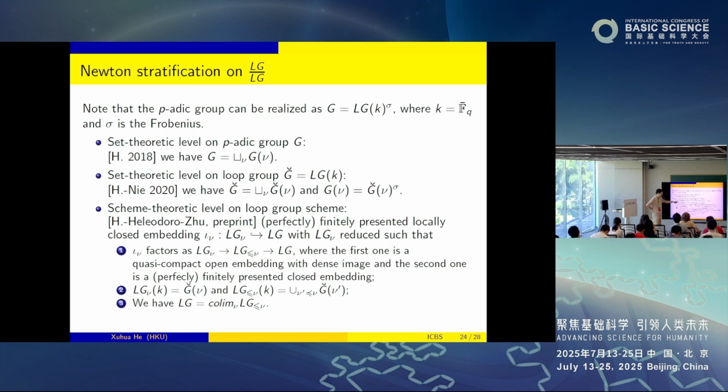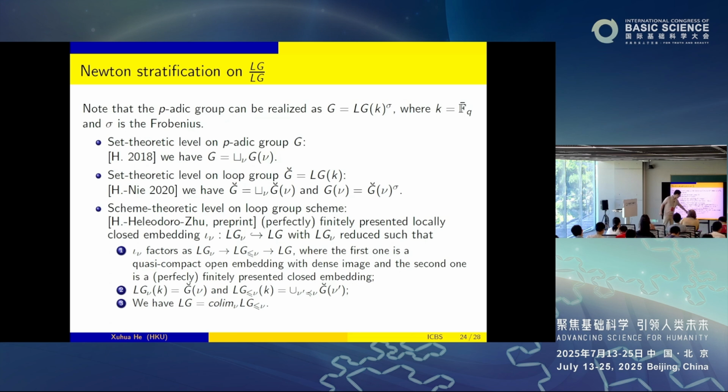This is joint with Xinwen Zhu and Eliad. Each of these Newton strata is a perfectly finitely presented locally closed subscheme of the loop group scheme, and we have a nice decomposition.